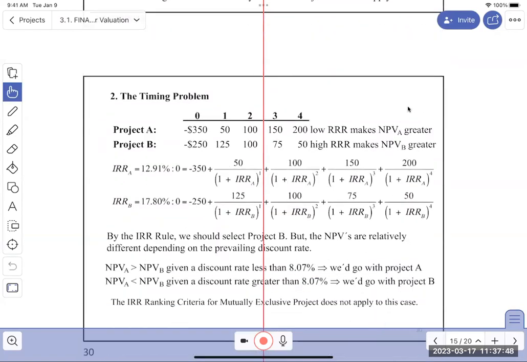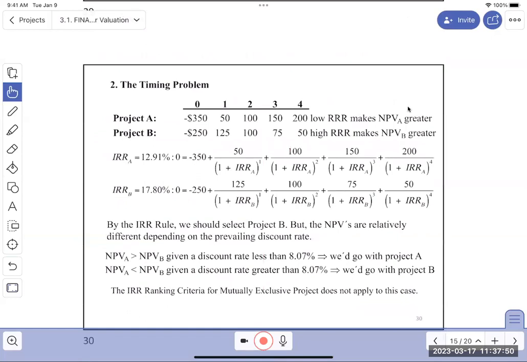And then there's a problem of timing. This is where you have the crisscrossing profiles. Here's project A that has an investment of 350 upfront, but you slowly get a high return of 200 at the end of the fourth year. Project B requires a little less investment, but you get the highest cash flow in the projection upfront.